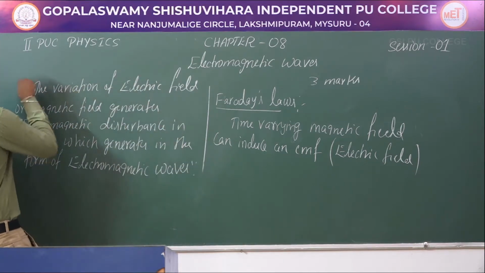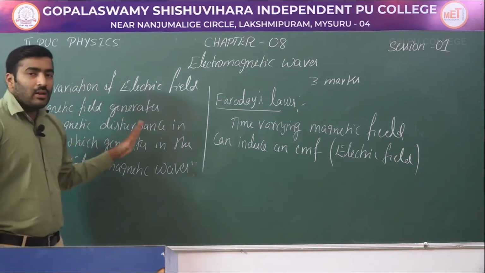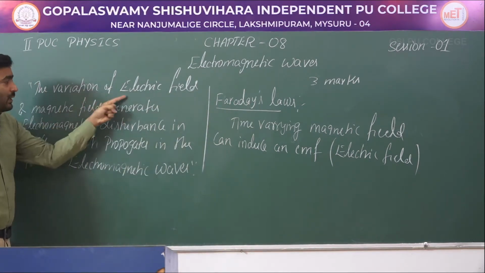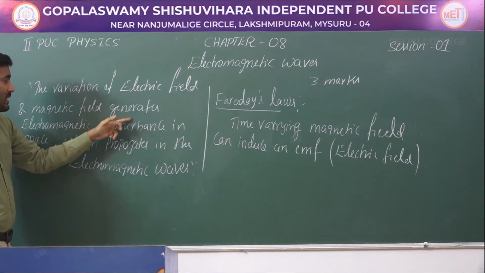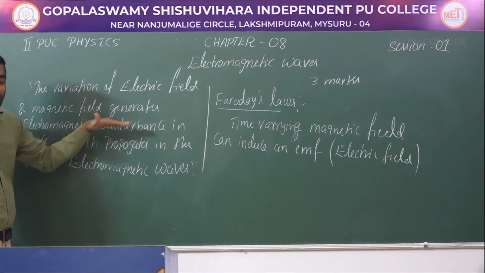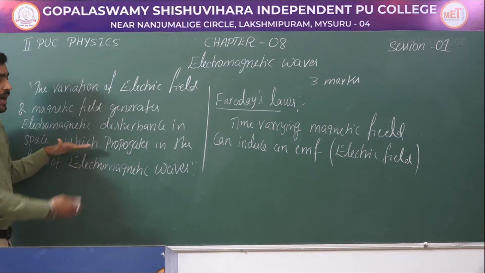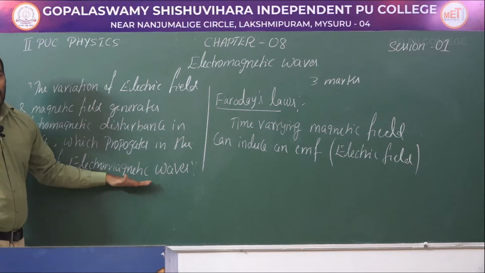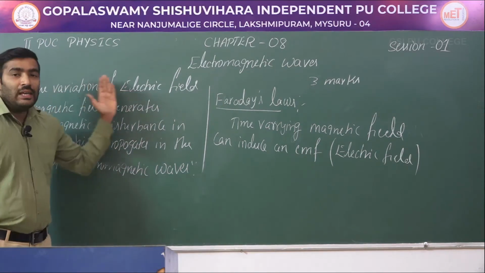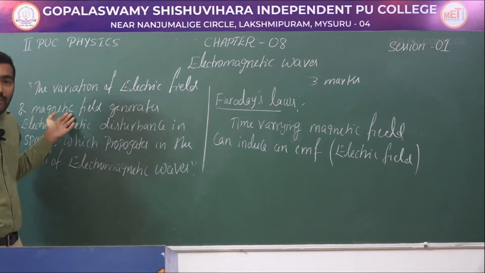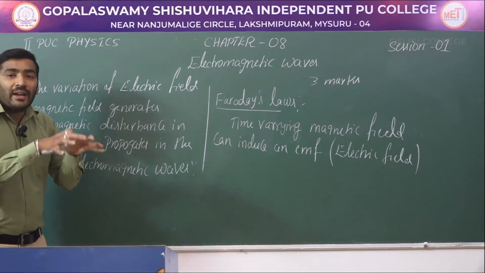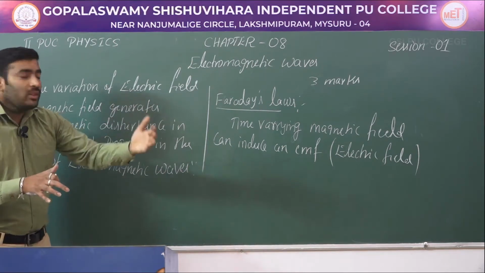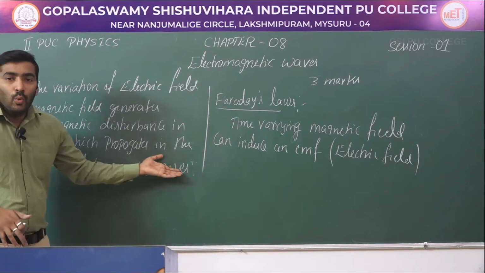So, this is the conclusion given by James Clerk Maxwell. Maxwell concluded that the variation of electric field and magnetic field generates the electromagnetic disturbance in space and which propagates in the form of electromagnetic waves. The variation in electric field and magnetic field in space creates an electromagnetic disturbance. So, that electromagnetic disturbance is propagating in the form of electromagnetic waves.